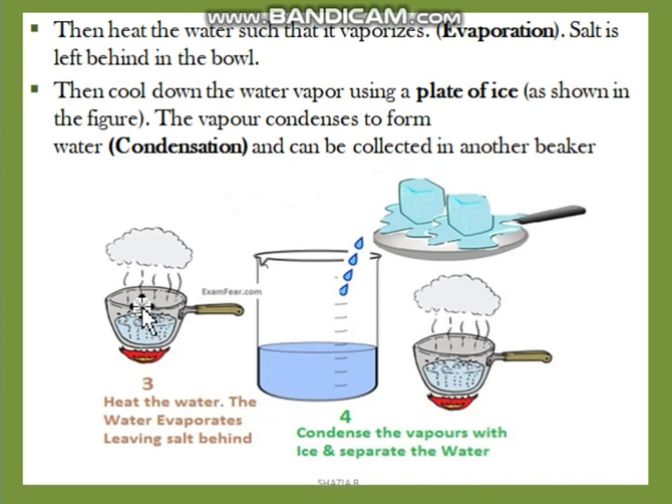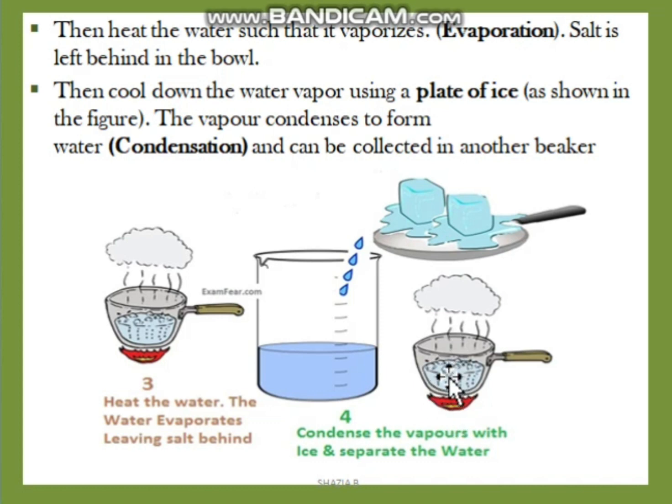So we got sand, we got salt, and now we have to separate the water. All the water gets evaporated and converted into water vapor. Now we have to condense, or cool down, this water vapor. For this we use the process of condensation, with a plate containing ice to bring down the temperature, as shown in the figure.